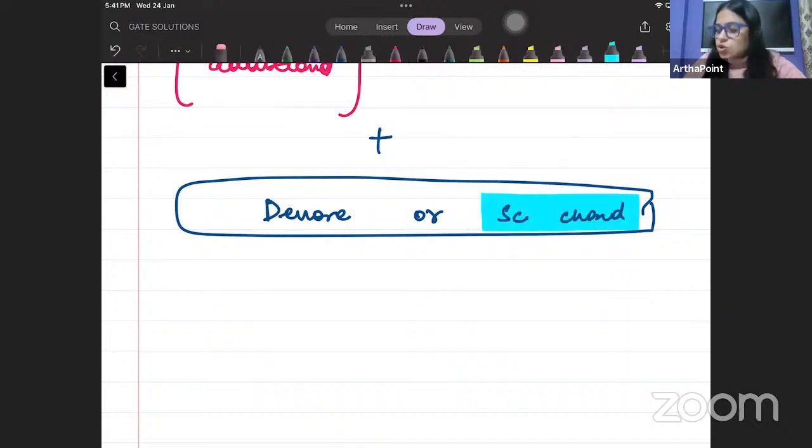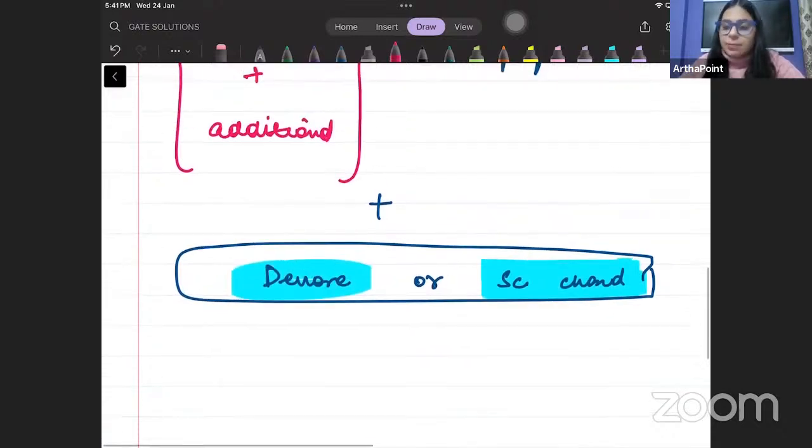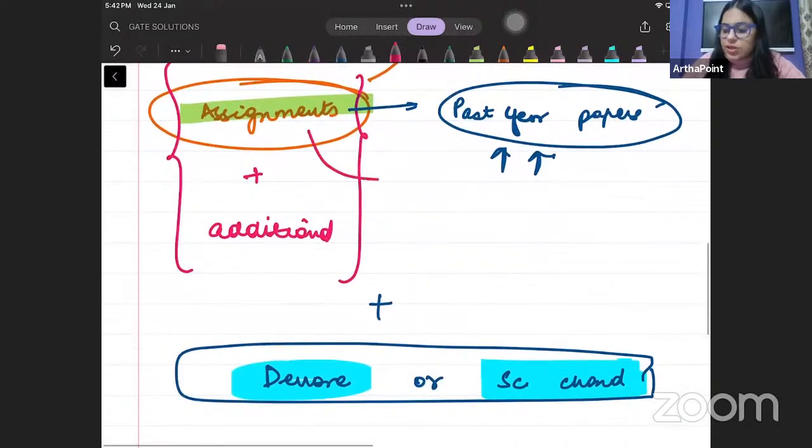So you can use either of these books and revise through their examples also. But it is very necessary that you cover all these assignments. There should not be even a single question left in these assignments that you have not covered. That is what the aim should be.